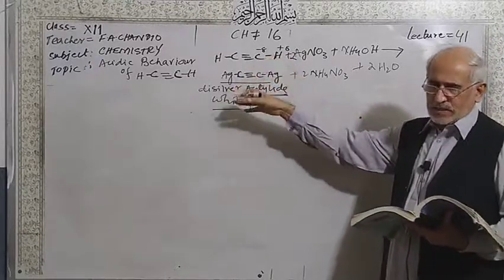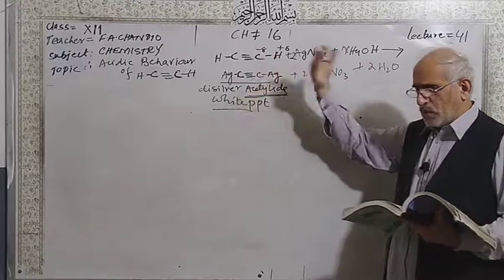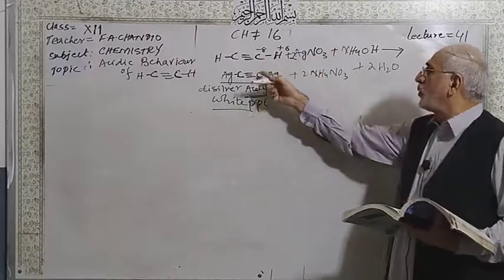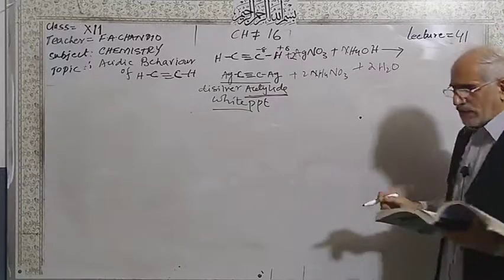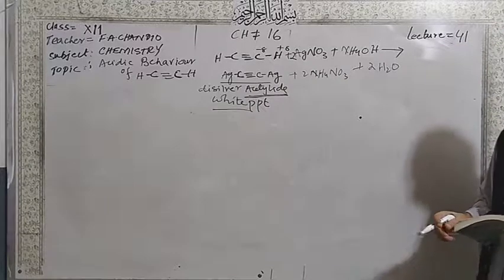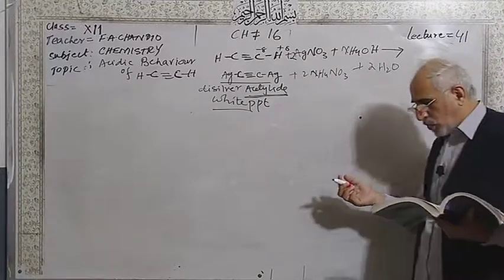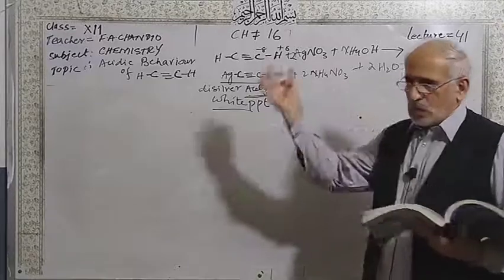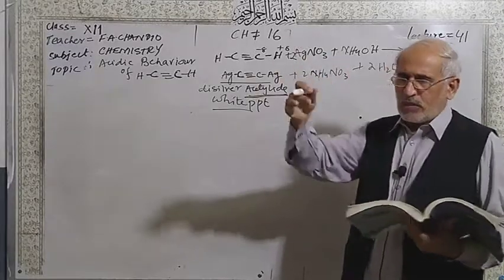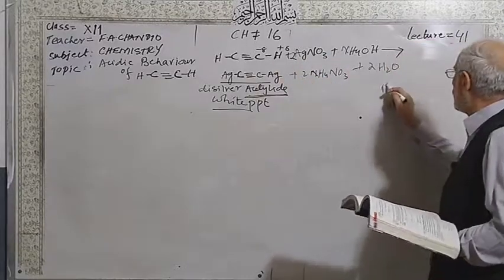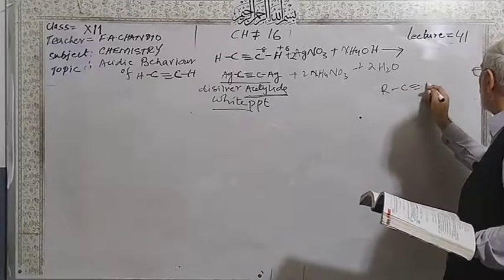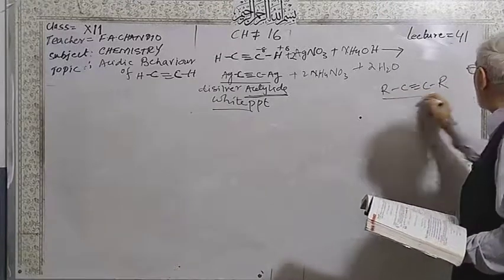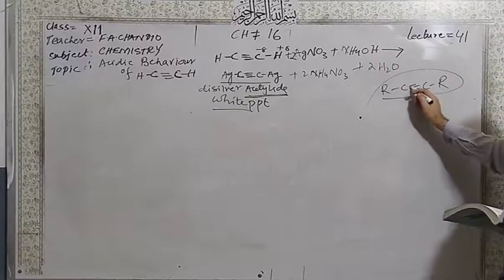Alkenes will not give the test. If you have ethene, propene, butene, and you put the ammoniacal solution of silver nitrate, there will be no white precipitate. Even if you have 2-butene, where there are 2 alkyl groups in between the double covalent bond, as I told you last time, there is no terminal hydrogen.